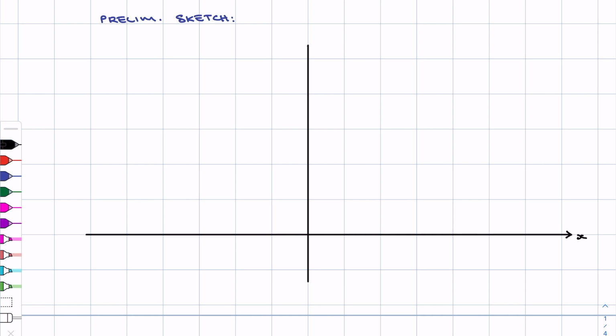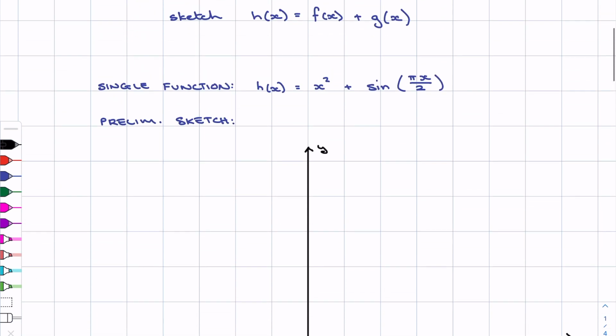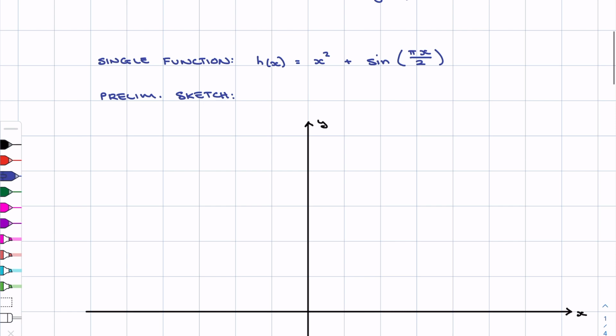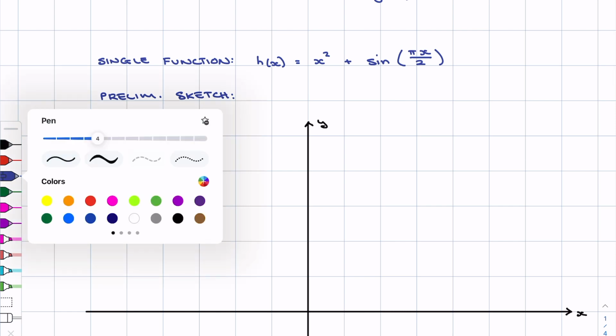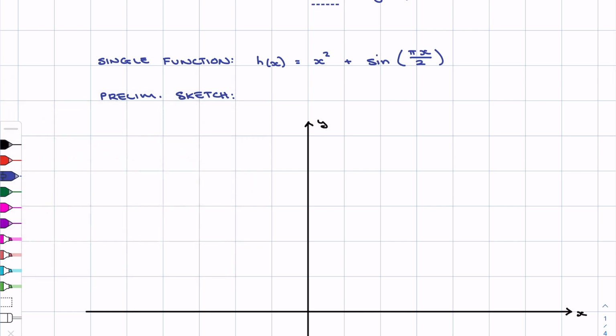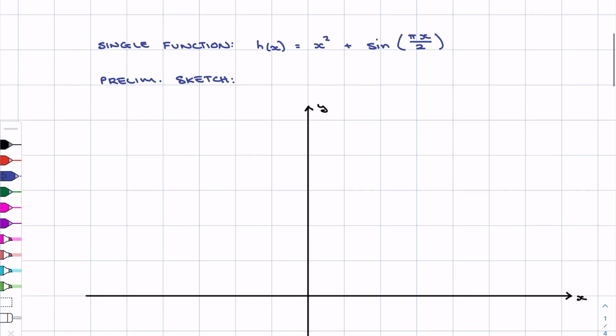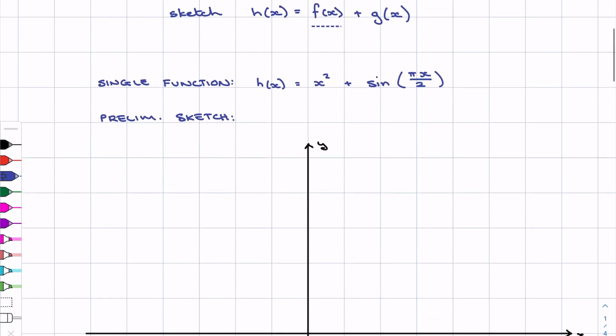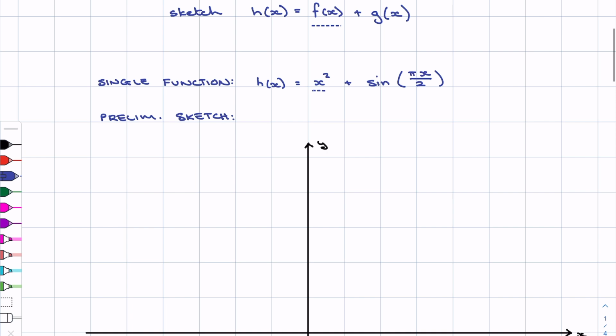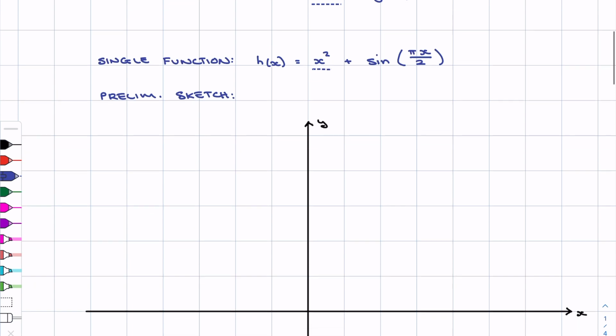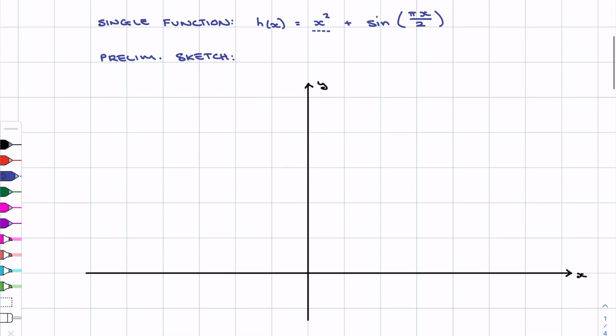I'll just call it x and y. And then I'm going to focus on f(x). I'm going to use a blue dotted line to sketch f(x). And I can see that f(x) is this term x squared. So I'm going to sketch out a parabolic curve. Okay, looks like that.